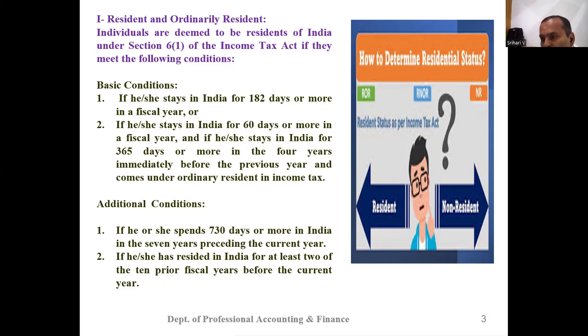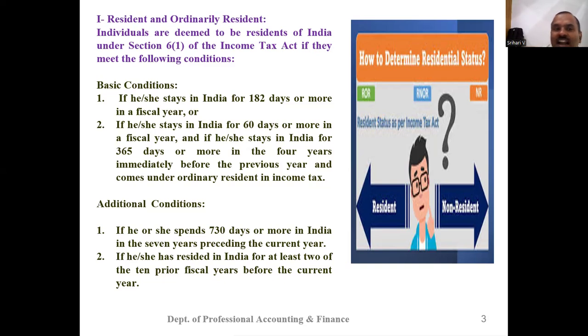If an individual was there in India for 365 days in the 4 previous years plus 60 days in the previous year, he satisfies the second basic condition. Satisfying the second basic condition is for that individual who fails to satisfy the first basic condition.